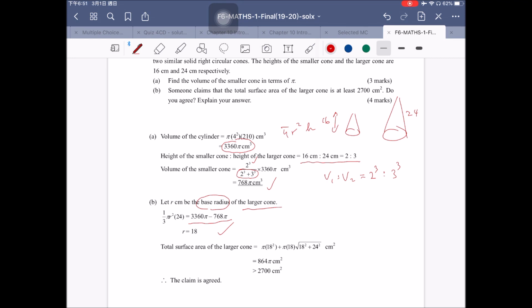The total surface area consists of two parts, the base, okay, and the other part is curved surface area, which is pi r l, okay. Then you find out that this is greater than 2,700. So the claim is agreed.